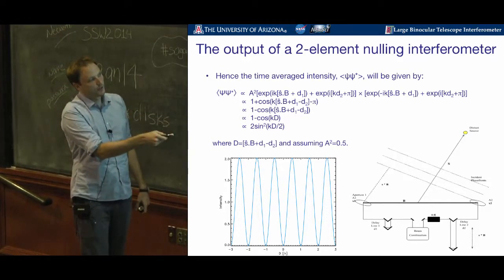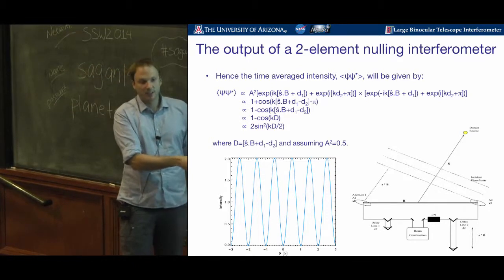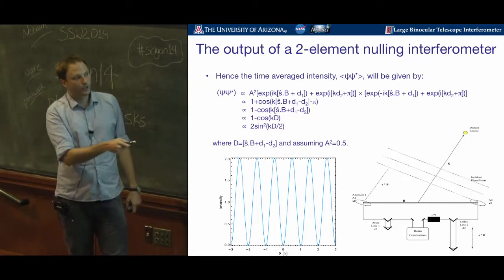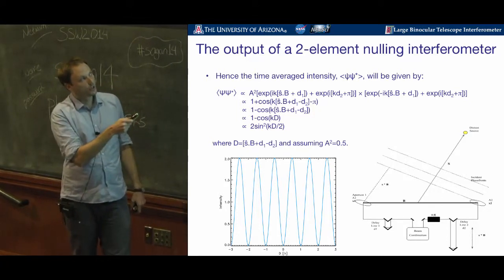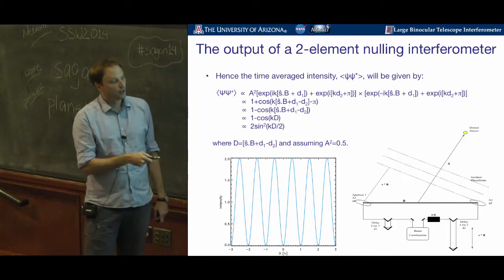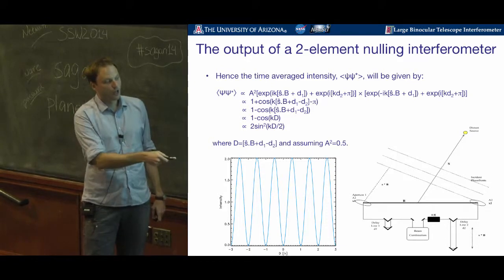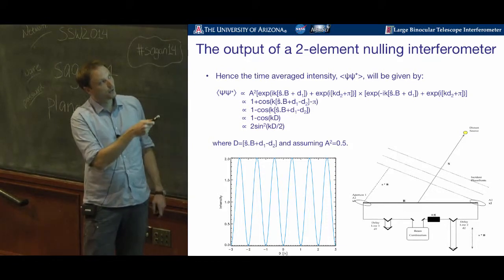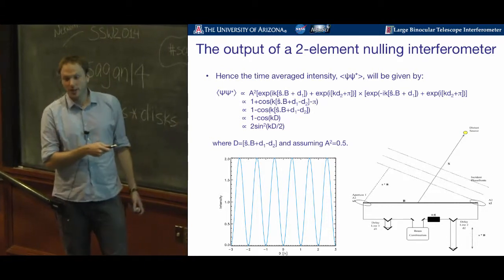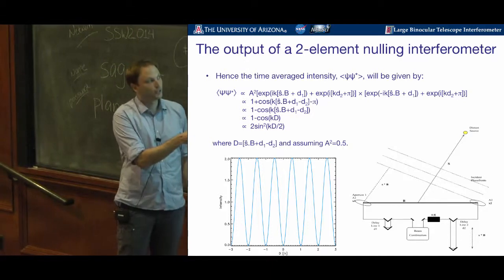SB is the geometric delay, and d1 minus d2 is your internal delay. So if you match your internal delay with your external delay, you get 1 minus 1, and you'll get a destructive interference on your line of sight. So this is the intensity that you measure as a function of d. And if d, for instance, is different by 1 lambda, then you'll get constructive interference.